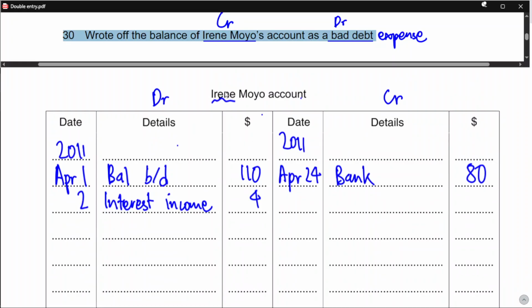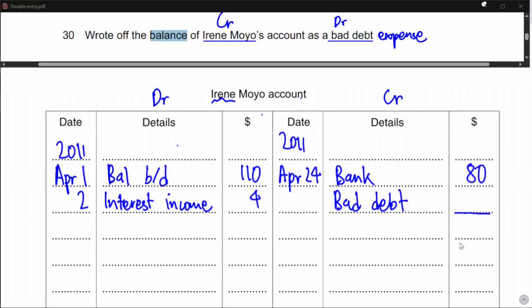Irene account, Irene credit bad debt. Okay, they say the balance. So let's balance the account.